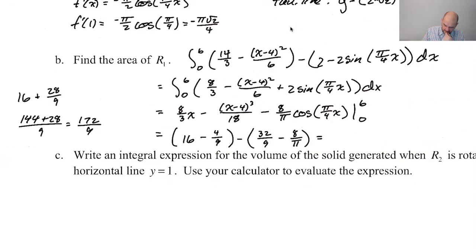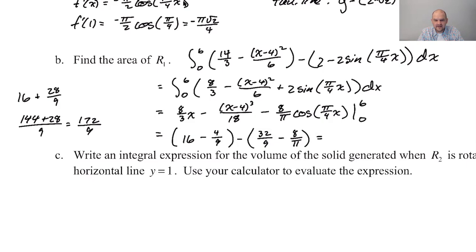So I don't know. Is that it? Should I check on a calculator? I feel like that's probably not right, but why do I feel that way? Negative 4 cubed is negative 64, negative 64 is positive 64. 64 over 18 is definitely 32 over 9.